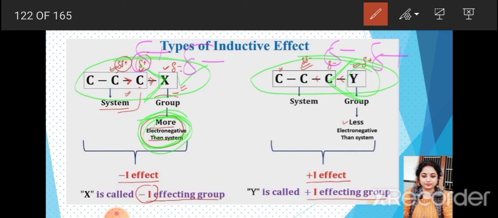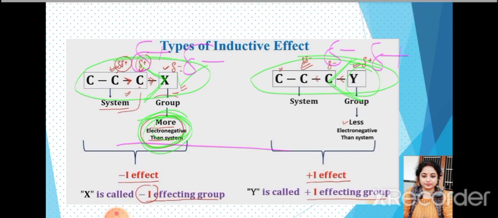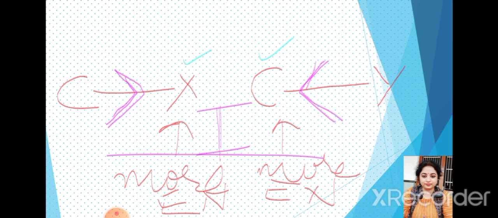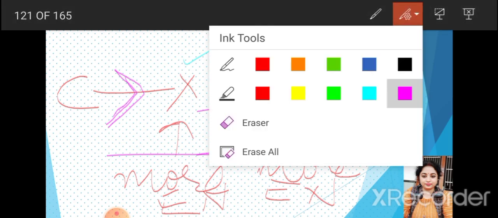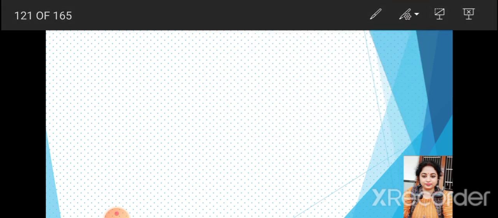Now let's consider a carbon chain containing a strongly electronegative halogen atom. I would like to draw it. This is a carbon chain.